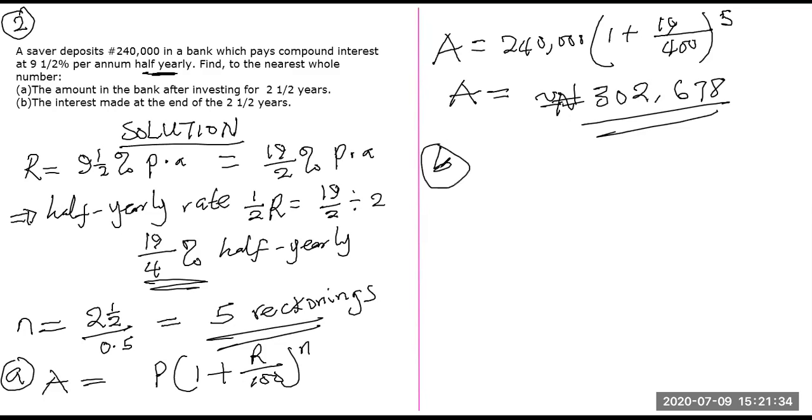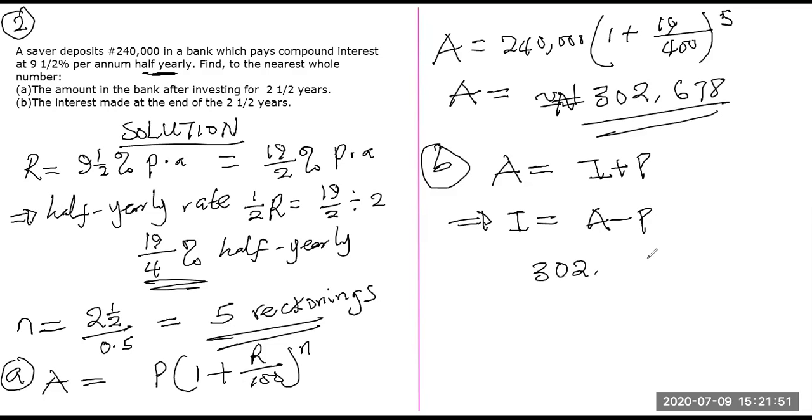Question B says the interest made at the end of the 2.5 years. Of course, our A is equal to I plus P. That implies that our I is equal to A minus P. So we now have 302,678 minus our P, the original amount invested, 240,000.